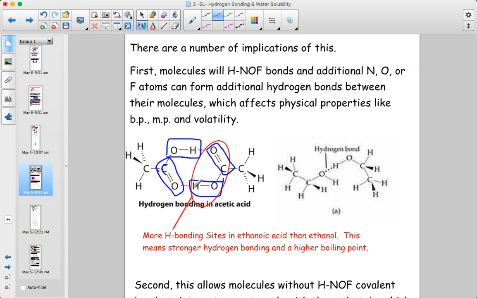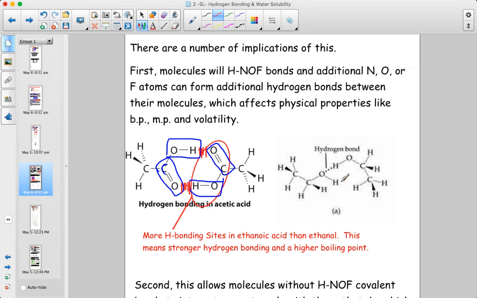So it can form hydrogen bonds between the OH on one molecule and the lone O on the next molecule. And then it can also form from the H on this molecule to the O on the other molecule. So each molecule can now form up to 2 hydrogen bonds with each other, as opposed to this molecule on the right, which is ethanol.